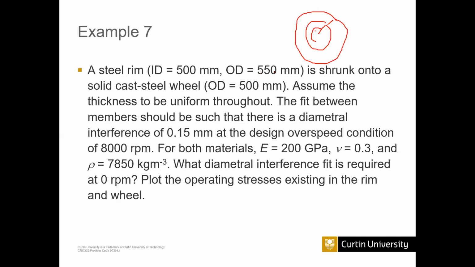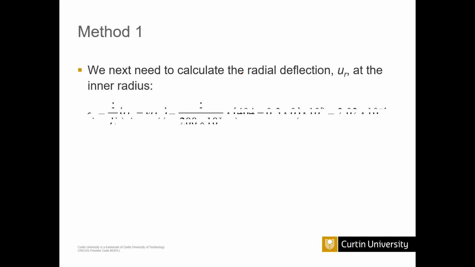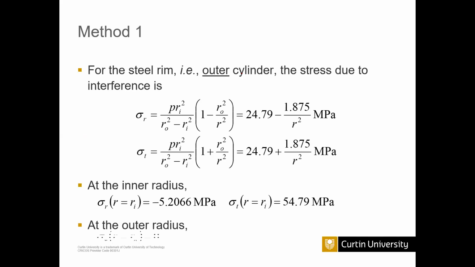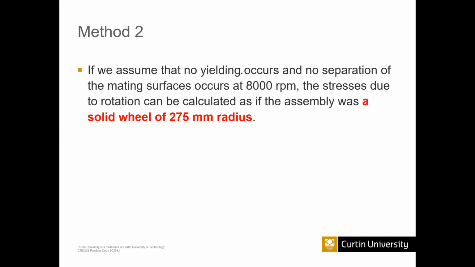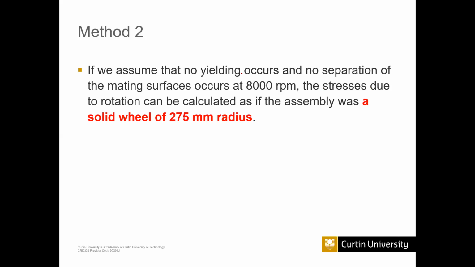That means if you get the average value, it is 275. So midpoint of the cylinder. So Sir, why do we take the midpoint? Midpoint, due to this, can be calculated as if the assembly was a solid wheel.